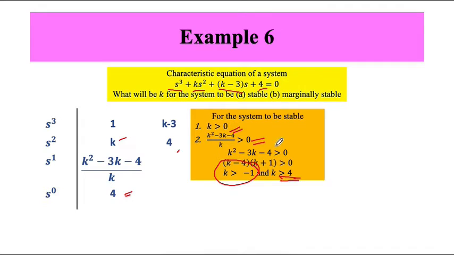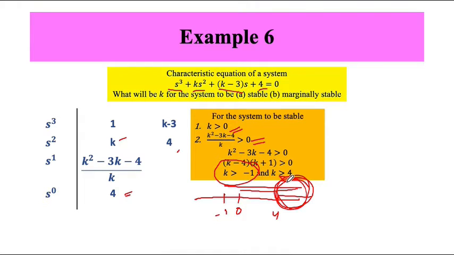So here we find that if I draw a real line, this is 0, this is my minus 1, this is my 4. Okay, so the first condition is telling k should be greater than 0. Second is telling k should be greater than minus 1, and finally it is telling k should be greater than 4. So the combination of all three is that k should be greater than 4.